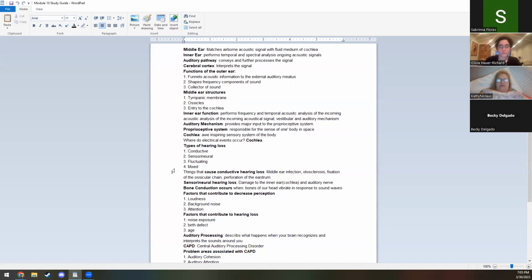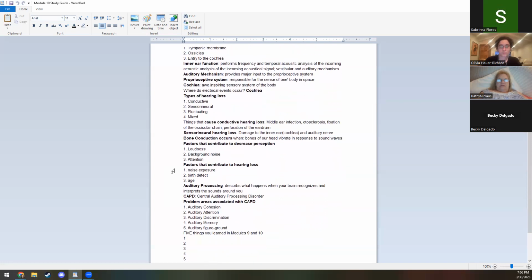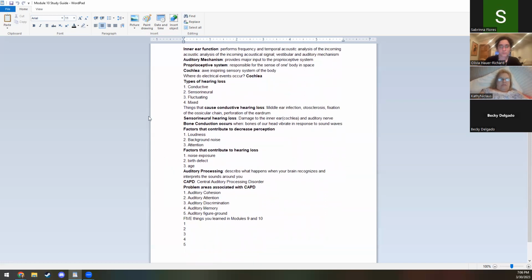Sensory hearing loss is damage to the inner ear or the cochlea and the auditory nerve. Bone conduction occurs when the bones in our head vibrate in response to sound waves. Factors that contribute to decreased perception are loudness, background noises, and attention. Factors that contribute to hearing loss are noise exposure, age, and birth defects.